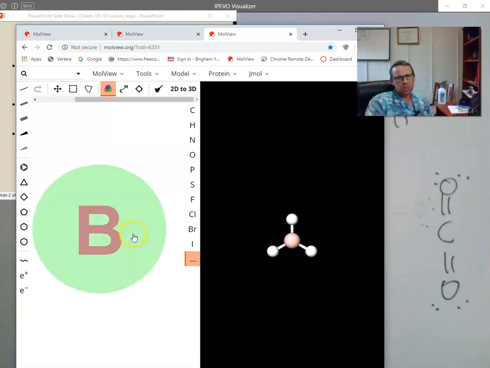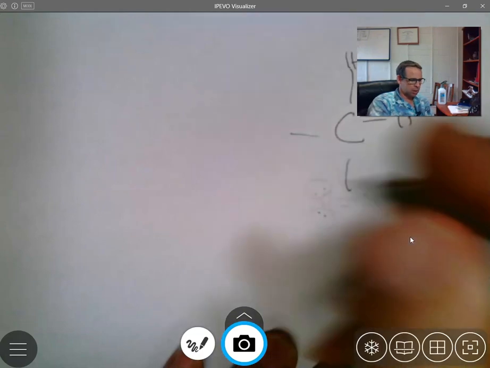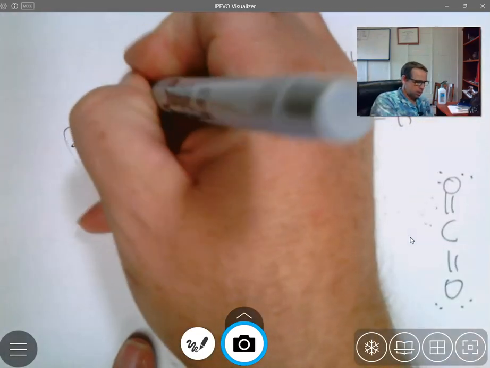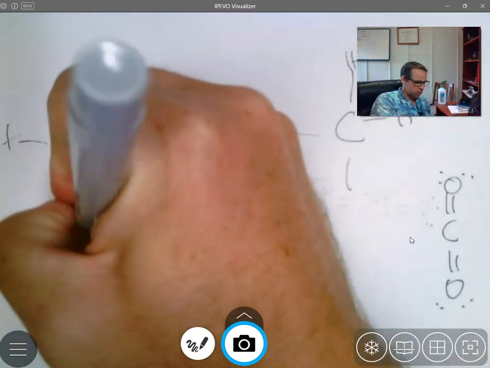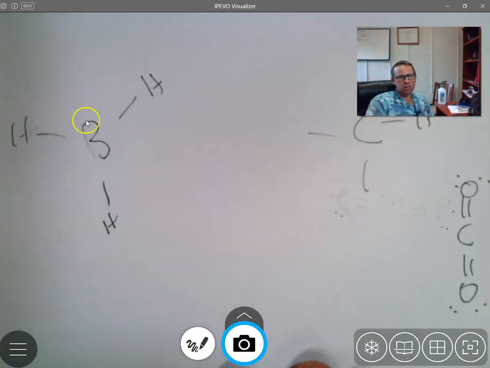If this is BH3 now, and if we did the Lewis dot structure for BH3, it would look like this. Now, we haven't talked a lot about that structure, and we don't have to worry about it too much. Boron is an exception. It can be in a stable situation when it only has 6 electrons available to it.